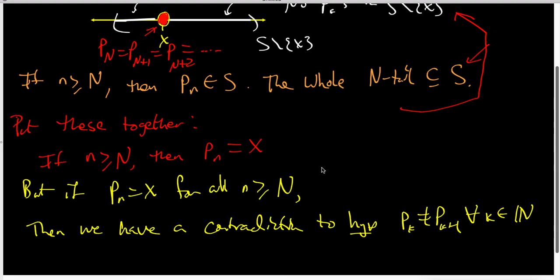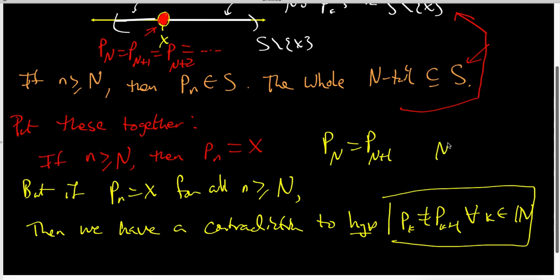Right now, what we already know here is Pn is equal to Pn plus 1. That contradicts this fact here because n is indeed inside the natural numbers.